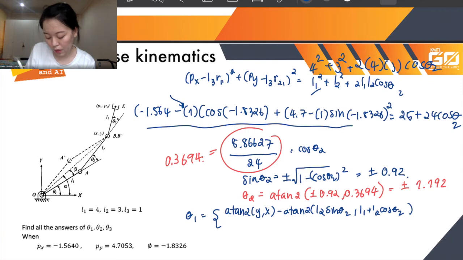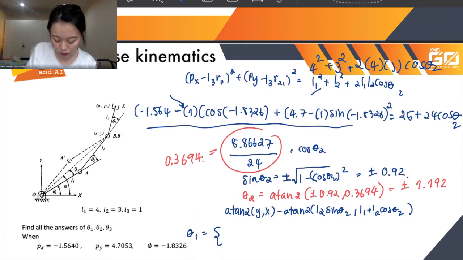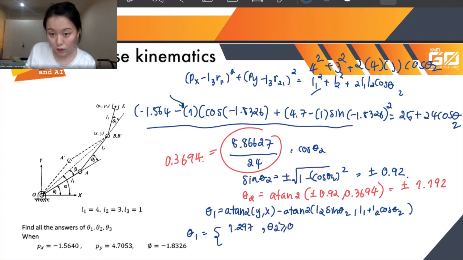So it will be equal to 1.297 in the case of theta 2 positive, and next is 2.296 in the case of theta 2 negative.